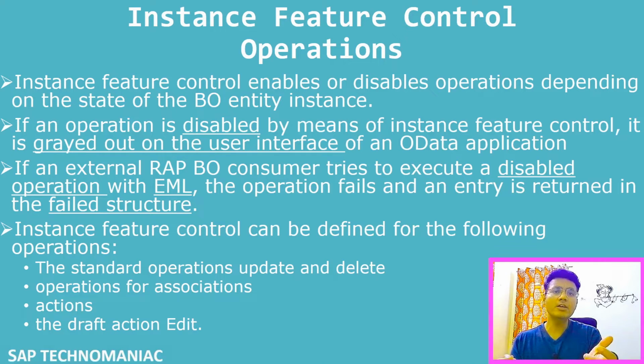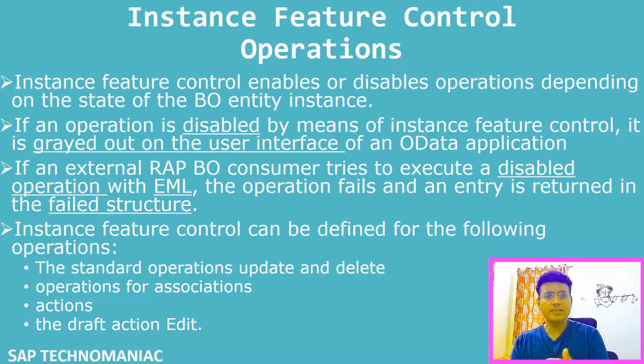One of the buttons will be disabled and grayed out on the UI. But if you access a disabled operation using an EML statement from outside the BO, in any program or from another BO, you will get an error in the failed structure. You will not be able to access those operations, and the failed structure will be filled automatically with the error.